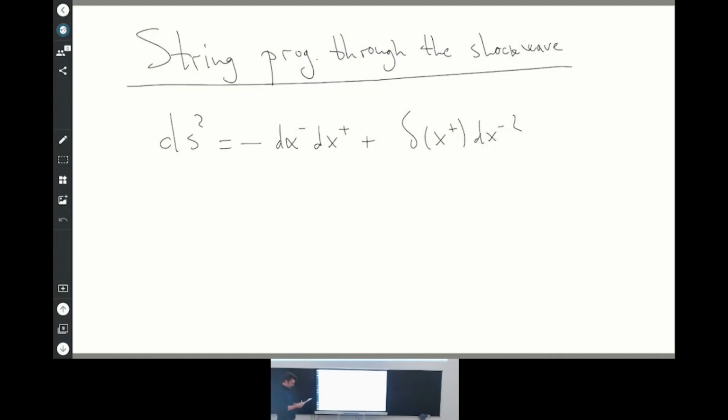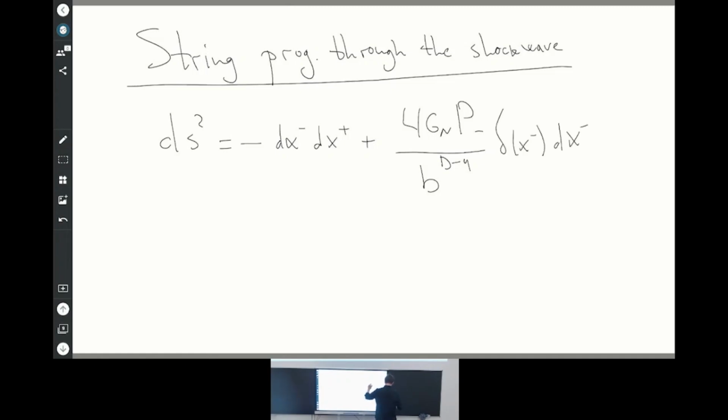The simple one is that, let me remind you, we had this shockwave geometry where we have some energetic particle, plus transverse.